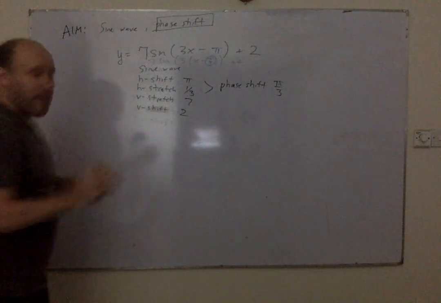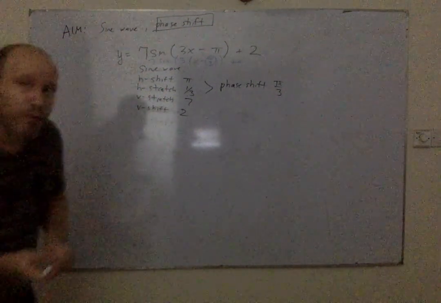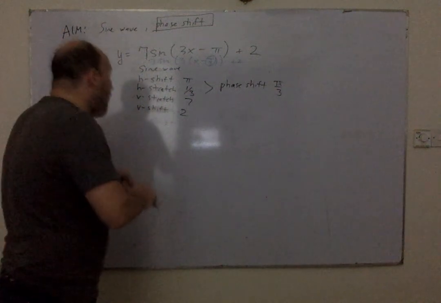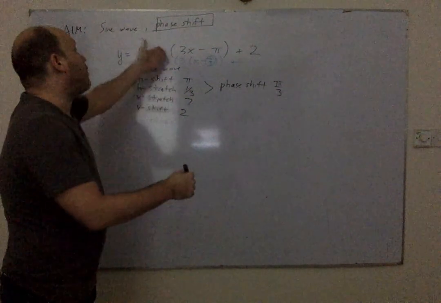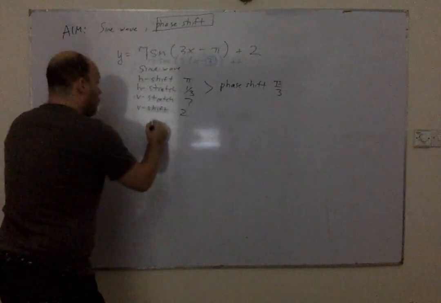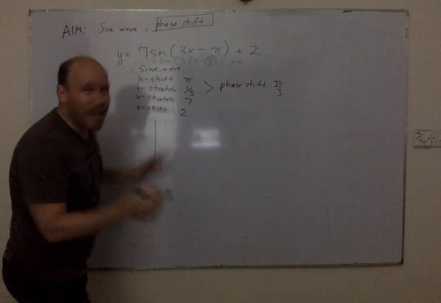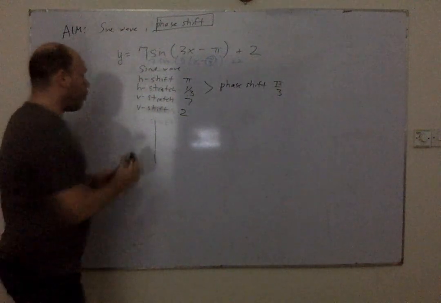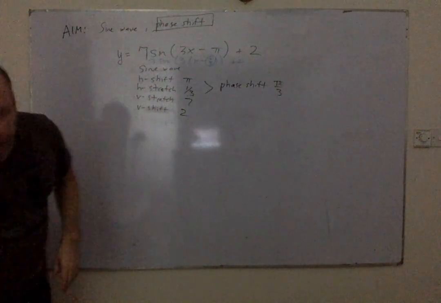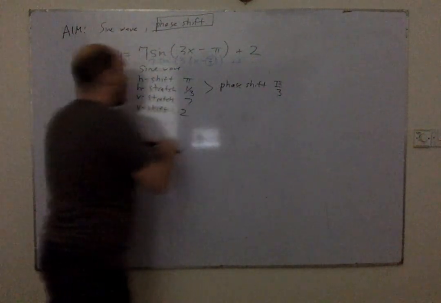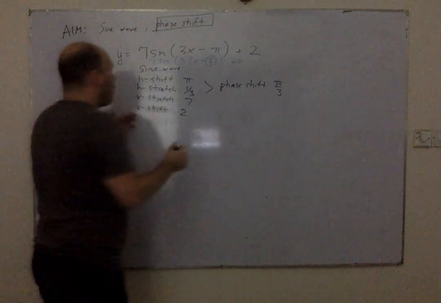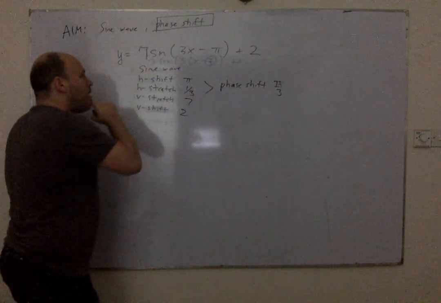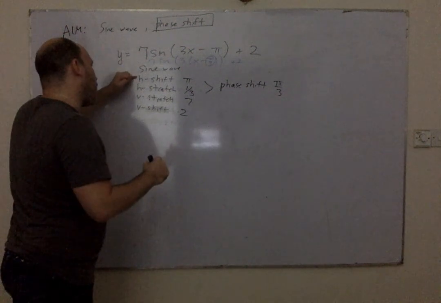Now, if you recall from last year, what's going on here? Well, we have a sine wave. This is how I'm going to be teaching it. So what do we have?